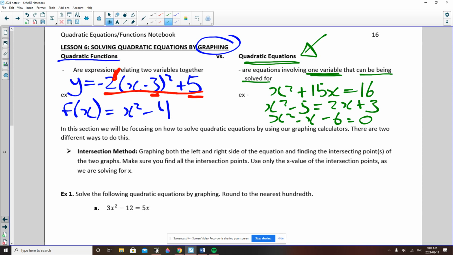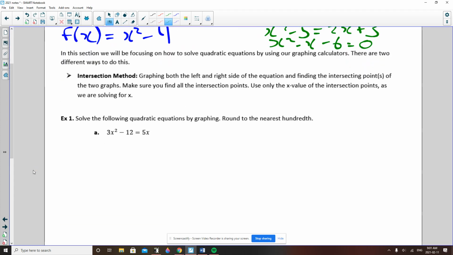And there's two ways that I can solve with my graphing calculator. The first one we're going to look at is called the intersection method. So what's happening in this is I have two sides to an equation, okay? If I have two sides to an equation, I'll graph the left equation and I'll graph the right equation. Once I've done that, I'm going to find all of the intersecting points.